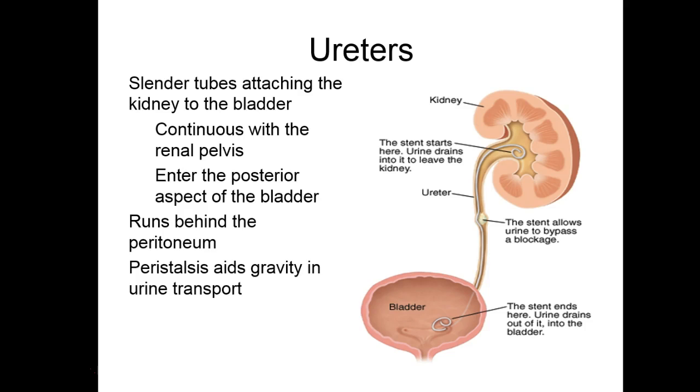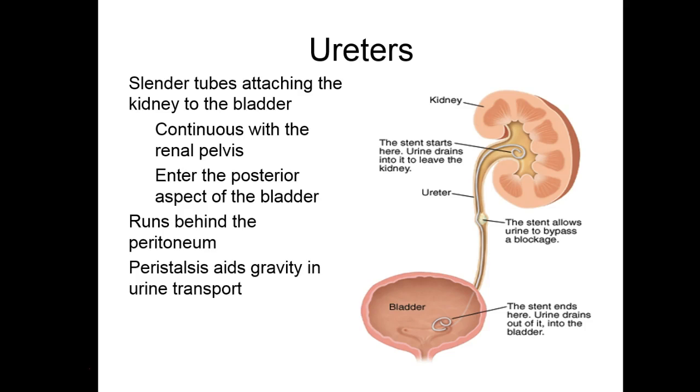Ureters have a histology of a mucosa, a submucosa, and then a muscular layer that performs peristalsis continuously. And they attach to the kidney via the renal pelvis, that indented area, and then attach to the bladder in the posterior aspect of the bladder.